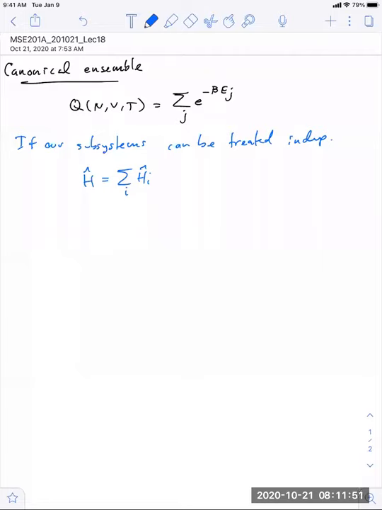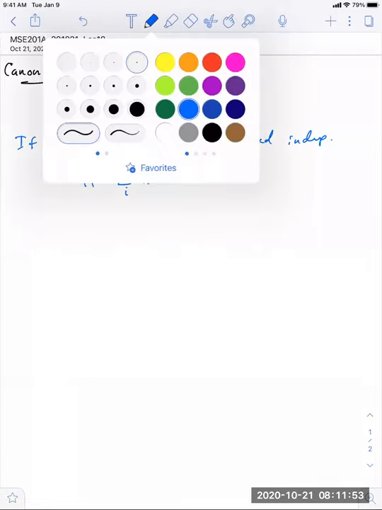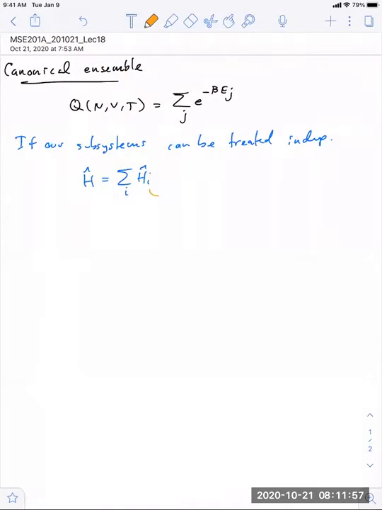So a separate Hamiltonian for each of these independent degrees of freedom. And if our Hamiltonians are separable in this way, then by definition our energies are also separable in this way.